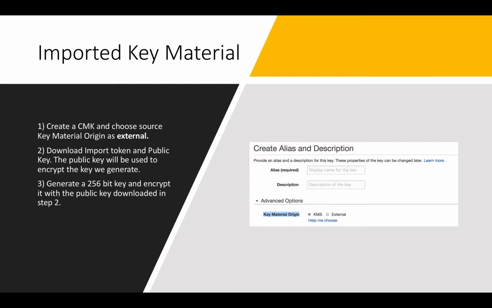We generated a 256-bit key and encrypted that key with the public key we downloaded in step number 2. And finally, we uploaded the encrypted key material and the import token. And then we were ready to use the key. So I hope you got an idea of how to import a key material into your customer master key.